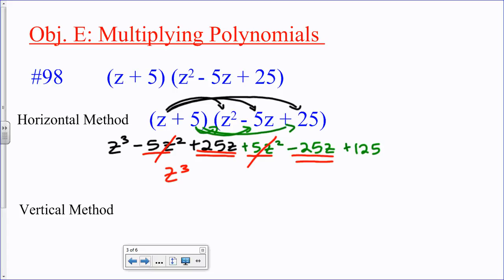Okay. What do I get when I combine those? 0. Does 125 have a like term? No. So I just bring that down. And this is my answer. That's not always going to happen where you cancel out and you end up with just 2 terms. Most of the time, you would end up with 4 terms. You'd have a z cubed, a z squared, a z, and a constant.